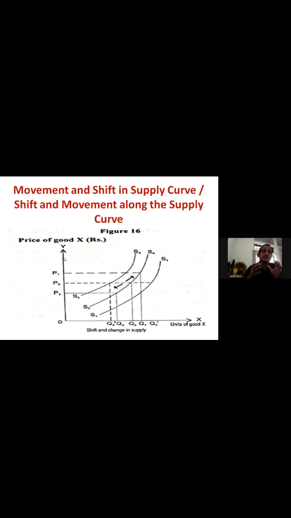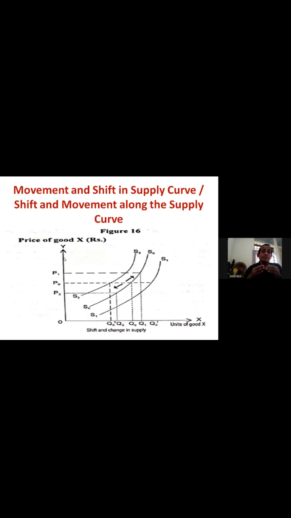Now, through this principle, we'll understand the movement and shift in the supply curve. Movement in the supply curve takes place when there is an up or down in the product supply or good supply due to the rise and fall in the price.